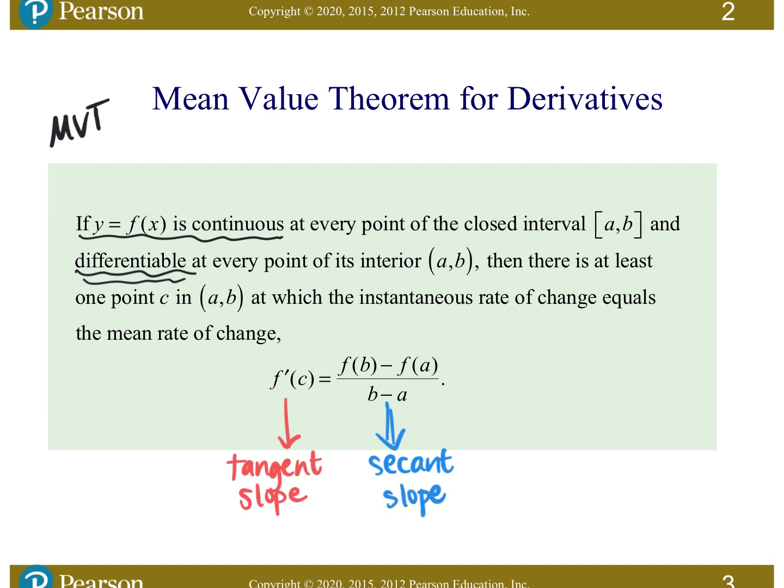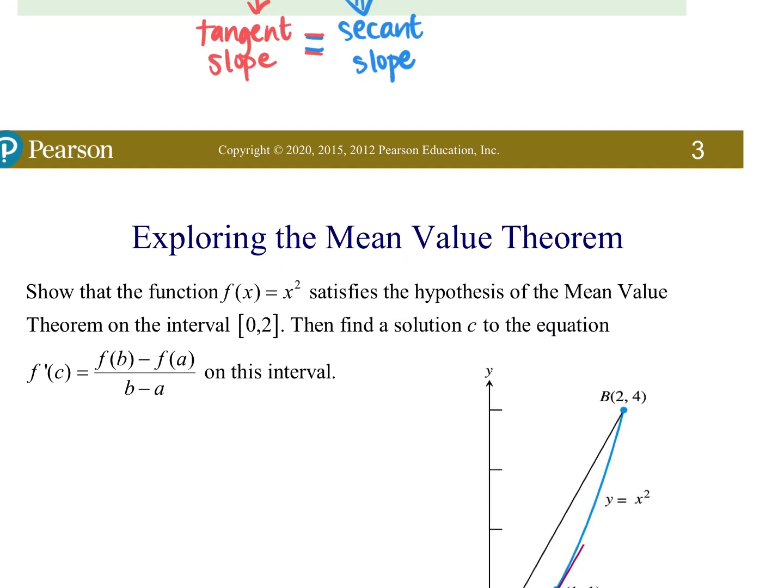I want to emphasize that these two things are equal to each other, that's what the MVT guarantees: the equality of a tangent slope at a single point being equal to a secant slope that connects 2 points. The equality of two slopes means that the two lines are parallel, that there have to be points that are parallel that you can find on any differentiable function.